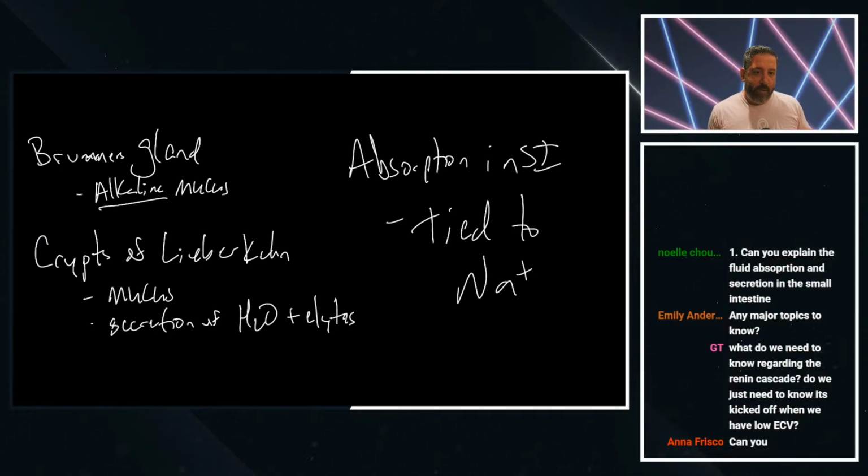Acidic chyme is coming into the duodenum, it's irritating it, and it's going to cause the release of the other three major GI hormones that we talked about. So make sure you understand that. As you go further in the small intestine, how does absorption of the nutrients work? Then move on to the large intestine.